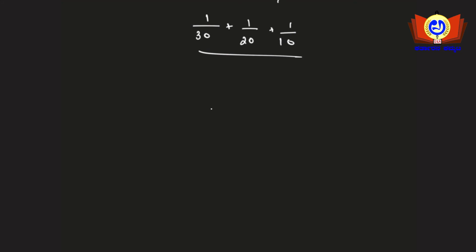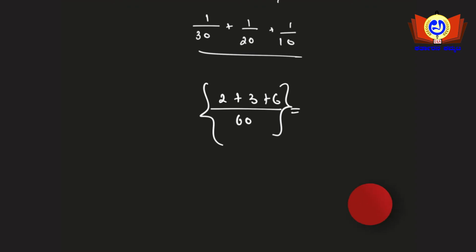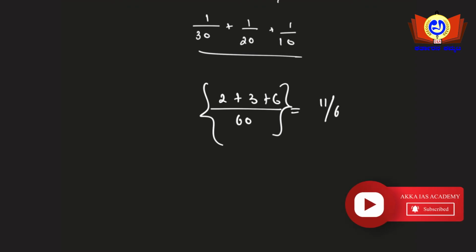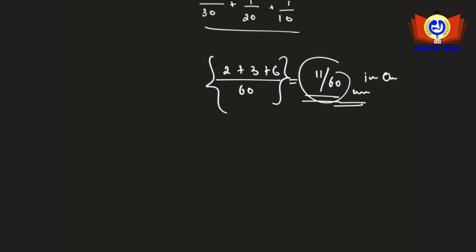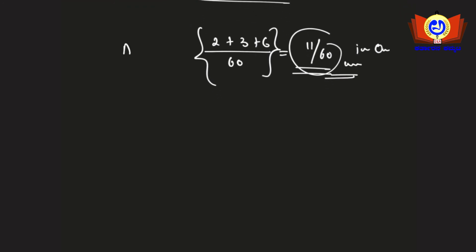The LCM will be 60. 2 plus 3 plus 6 is 11. So 11/60 part of the tank will be filled in 1 minute if pipes A, B and C are left open for 1 minute. So this is the first step what you need to do.